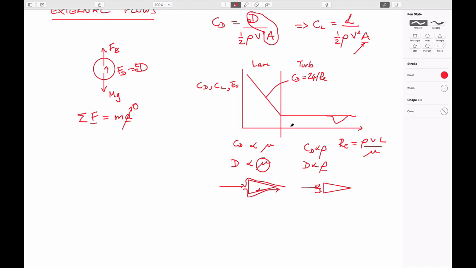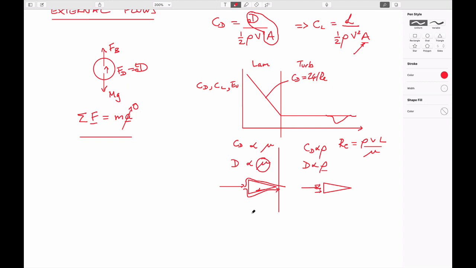And so the different dependencies you get in these different regions require that in your force balance, you end up with different dependencies. This being something that gives you velocity directly, and you end up with a v squared term that you have to square root in this regime. So potentially you're solving either for a drag force or a lift force that's applied.